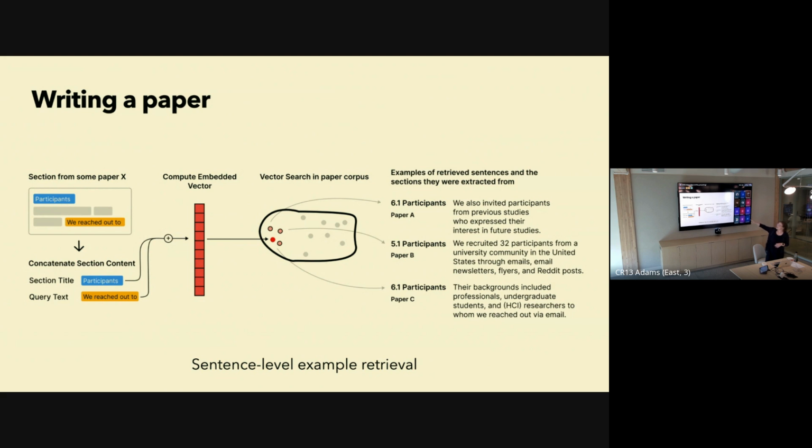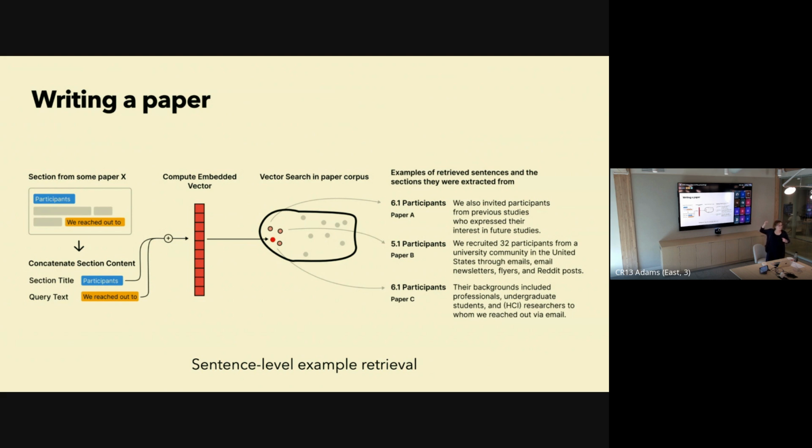So basically every sentence in the full text is encoded with knowledge of where it occurred in the paper, in terms of what section, and then as you are typing in a text buffer, we look at what section title you're working within, and then we use both that information to query and find related sentences in the corpus, right?